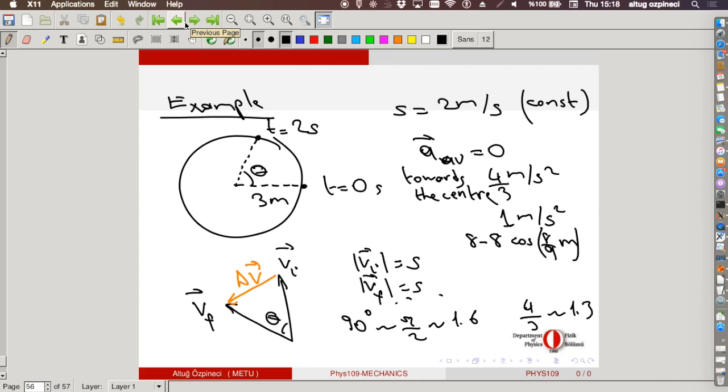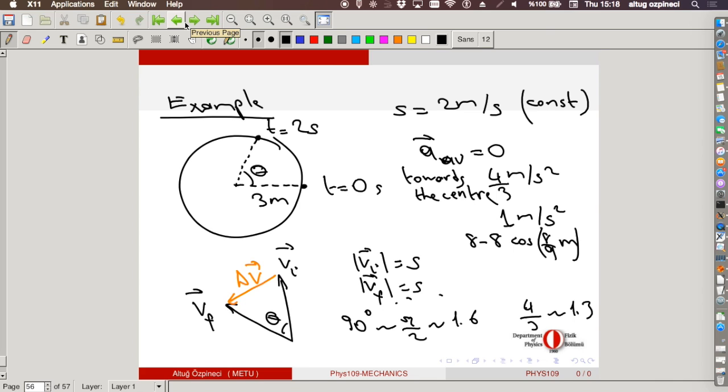Now the velocity is always straight. It's the linear velocity. It's not a curved object. So the velocity is not going like this. It's just always straight. It starts first vertically upward, then it rotates in the counterclockwise sense, and hence it has an acceleration.